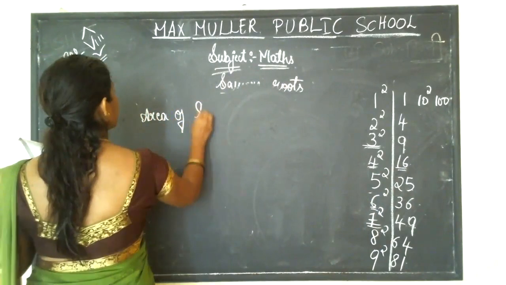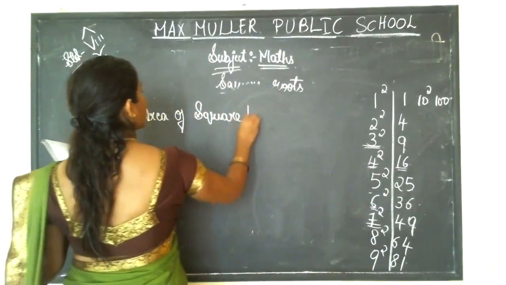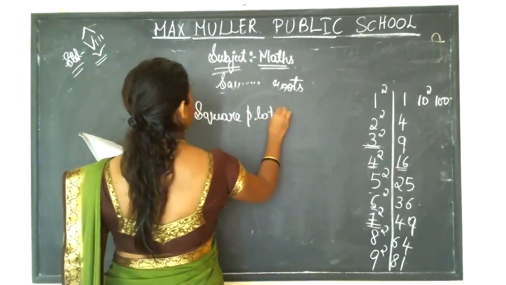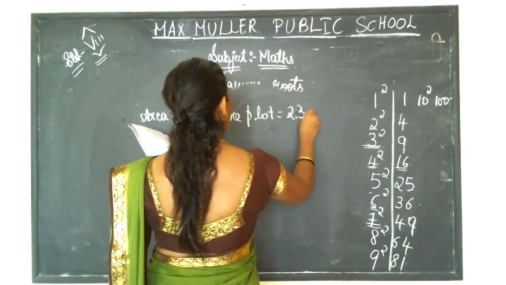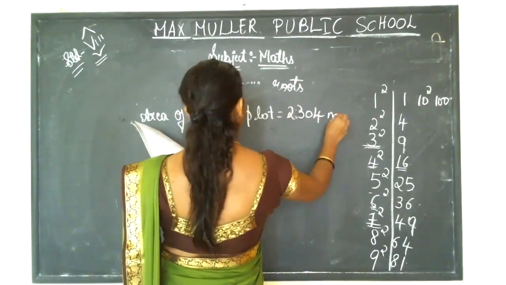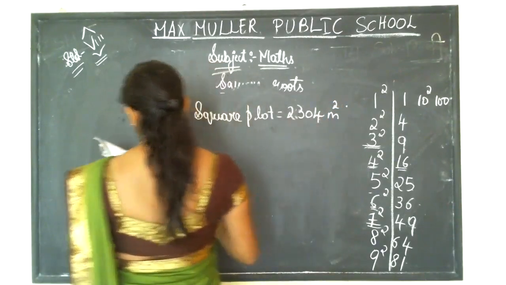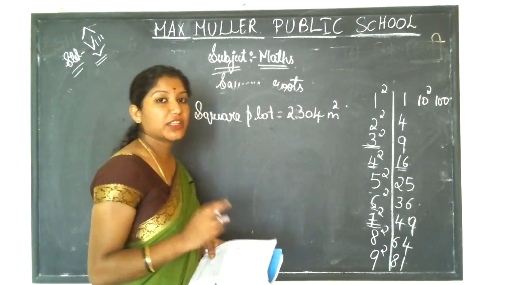Area of square plot is 2304 meter square. So you have to find out the side from this area.